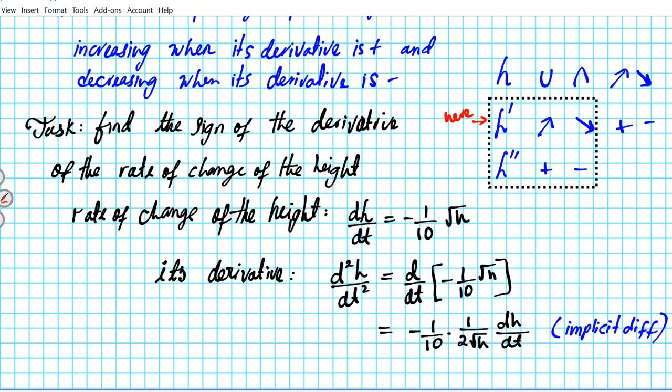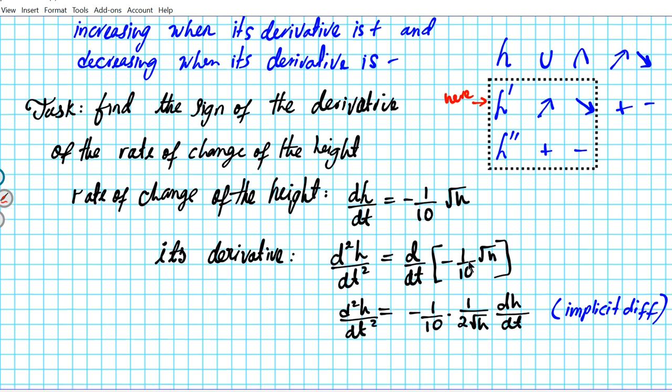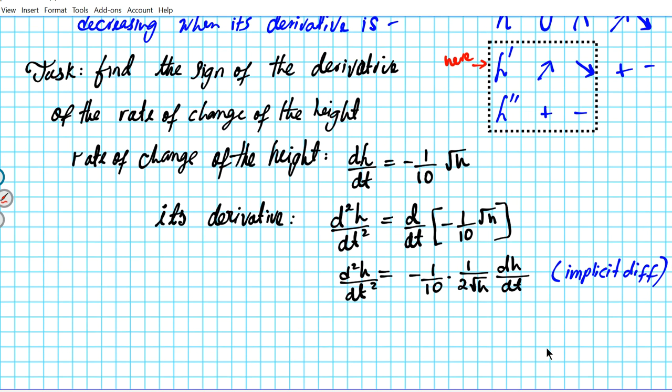Now, something that's very important is when you are finding higher order derivatives and implicit differentiation is involved, do not forget to resub your lower level derivatives into your higher order derivatives. What am I talking about? Ladies and gentlemen, we have dh/dt here. We have to resub what dh/dt is originally back into our second derivative. So basically d squared h/dt squared is going to be negative, or we can make this look pretty, negative 1 over 20 root h.